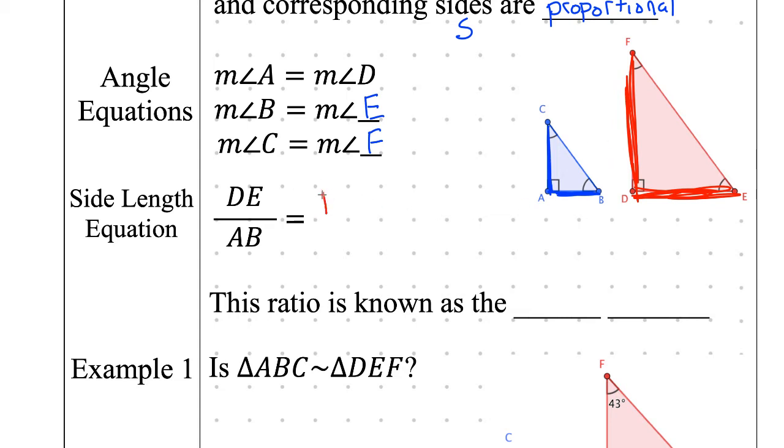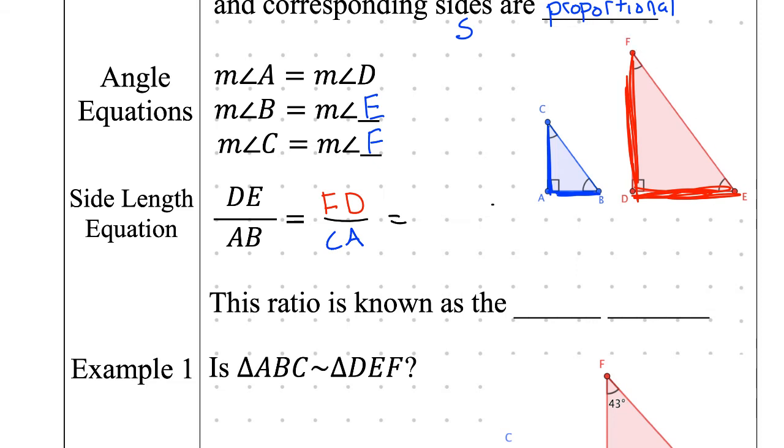So I have FD over CA, and that is equal to the ratio of the hypotenuses together.